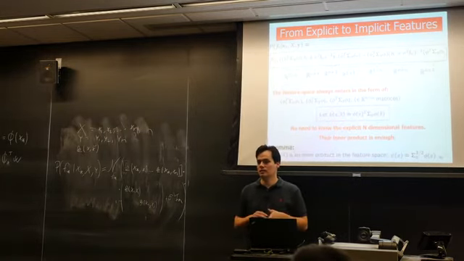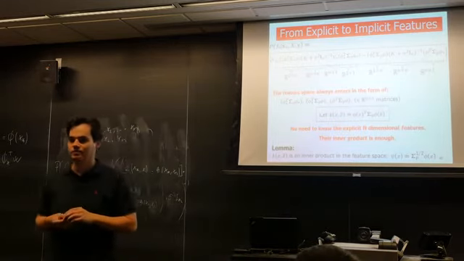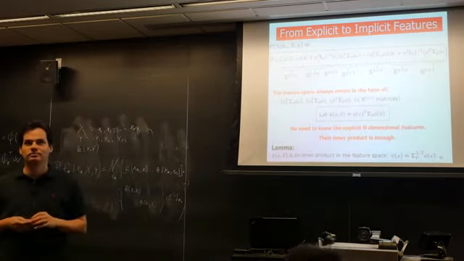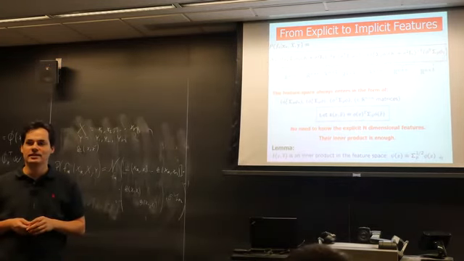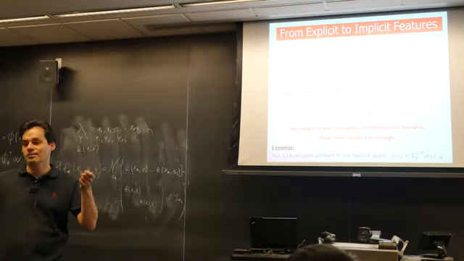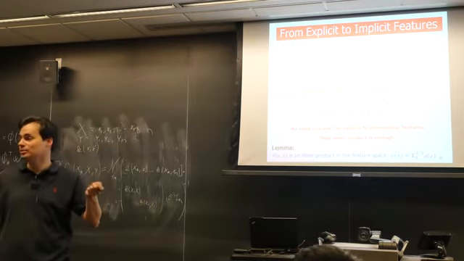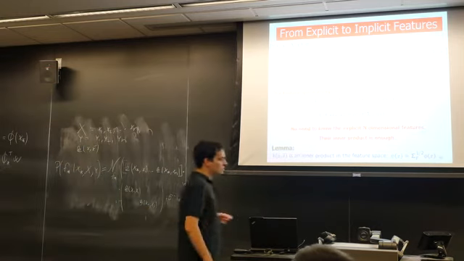But every kernel has some parameters somewhere. For example, even for a linear kernel, you can say it's x transpose y, or a constant times x transpose y, and then you can tune that constant.